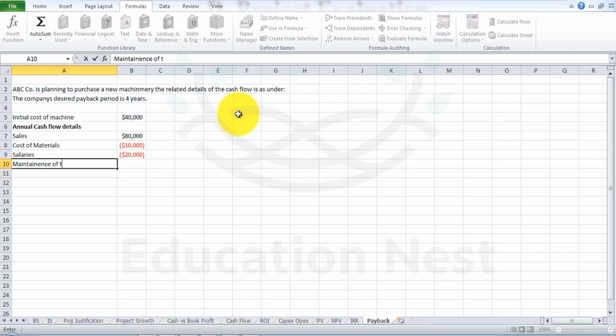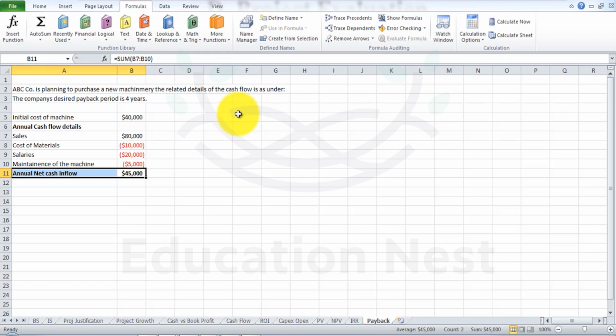Maintenance of the machinery another $5,000. Pretty much that's it. So we can say the annual net cash inflow will be equal to $45,000 annually. But wait a minute, compared to this, the initial cost of the machine is very less, right?